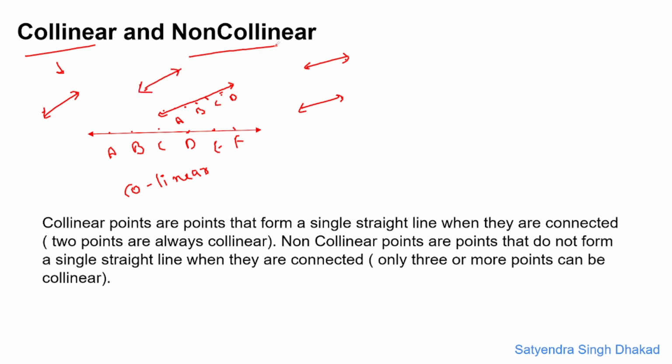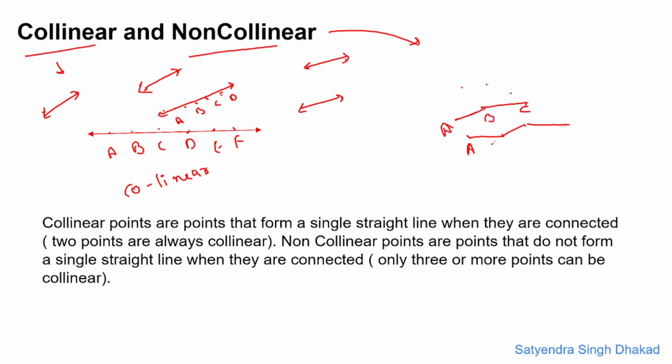Next are non-collinear points. What are non-collinear points? Those points which, when connected, do not form a straight line are known as non-collinear points. For example, when I connect these points, they are not forming a straight line. Name them A, B, C. So A, B, C are non-collinear points.